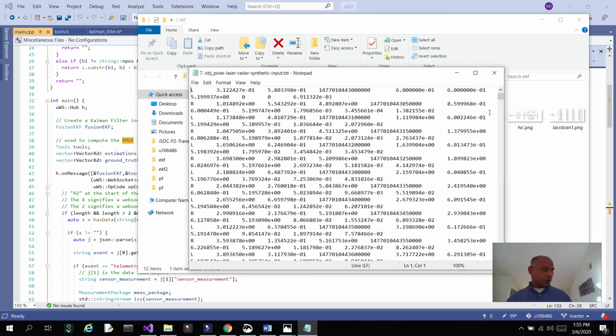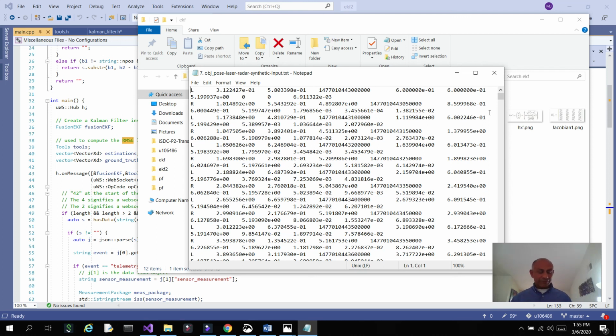For radar data, you had rho, phi, rho dot measured, and in terms of ground truth, you had x, y, vx, vy, and yaw, which we ignored. For lidar data, we had px, py measured. And for ground truth, we had px, py, vx, vy, and yaw and yaw rate, which were ignored.